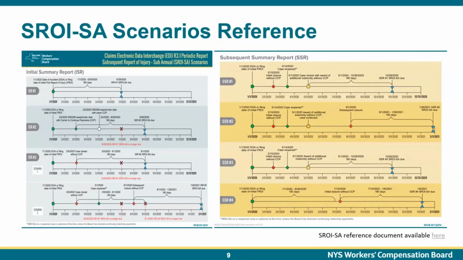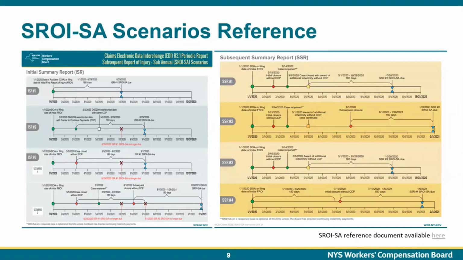In scenario 4, it stretches out just a little bit further, and we have an initial date. That initial Troy SA would have been due from one of the previous scenarios, but then there's a closure without CCP. So in that case there, that last Troy is due 6 months from the initial closure.